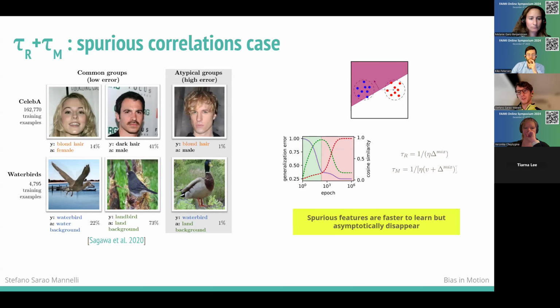My intuition, but I must wait for the analysis to be completed, is that you are memorizing some of the samples, and once they're memorized, it's very hard to get out of this local minimum, so you are just stuck there. You will never forget completely this spurious correlation. I see. Interesting. Yeah, that makes sense.